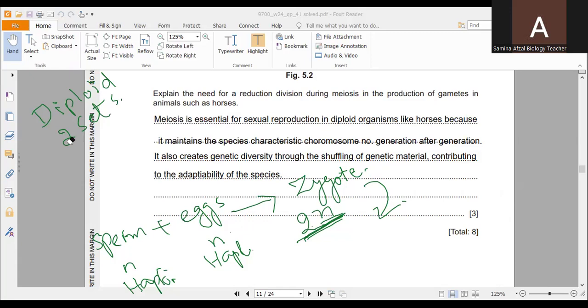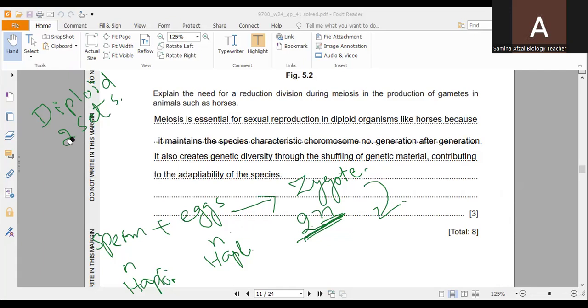So the reductional division maintains the species characteristic chromosome number generation after generation. It also generates genetic diversity through the shuffling of genetic material, contributing to the adaptability of the species.